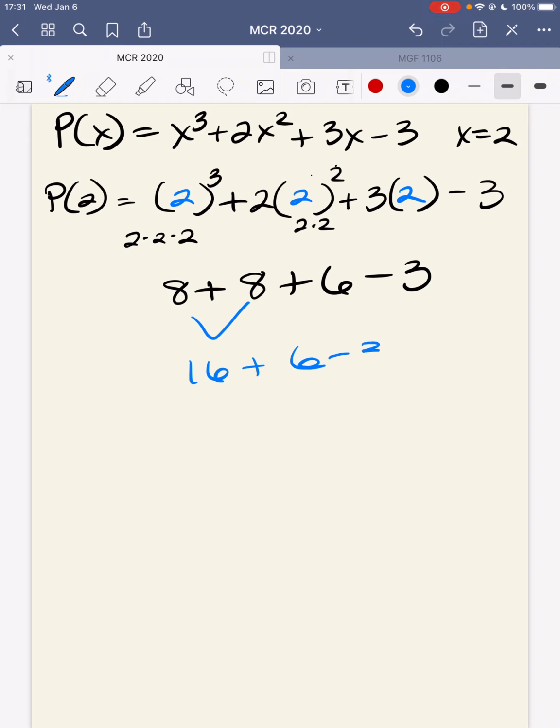Plus 6 minus 3. 16 plus 6 gives me 22. And I have 22 minus 3. 22 minus 3, okay, gives me 19. So in this case, P of 2 is equal to 19.